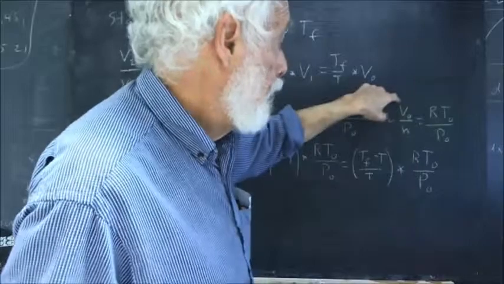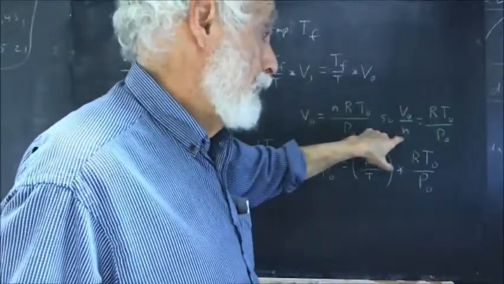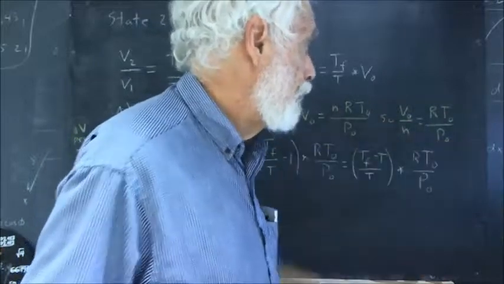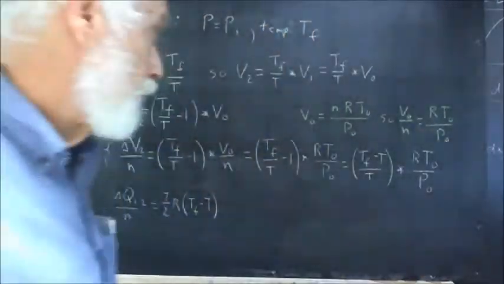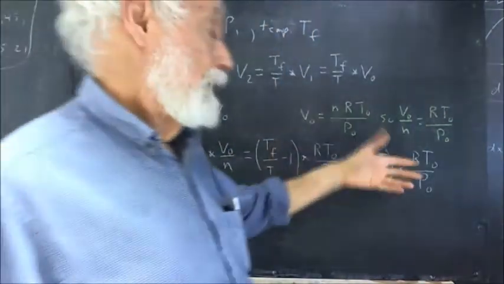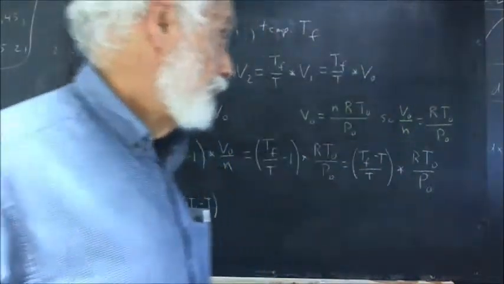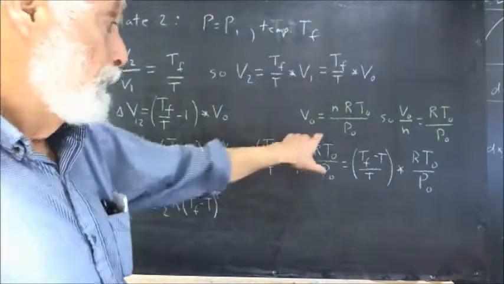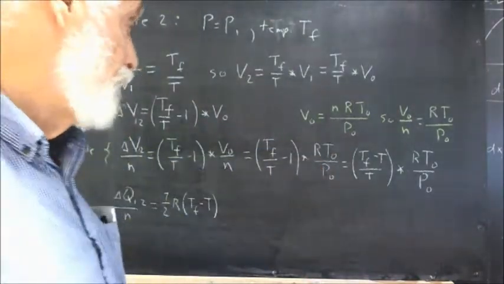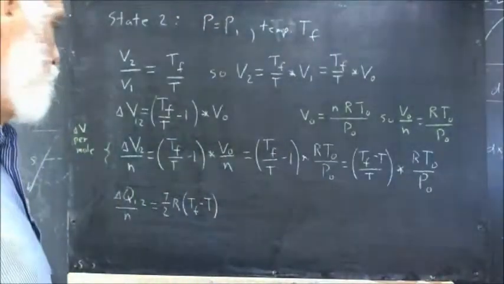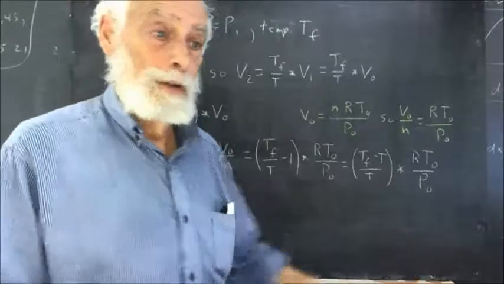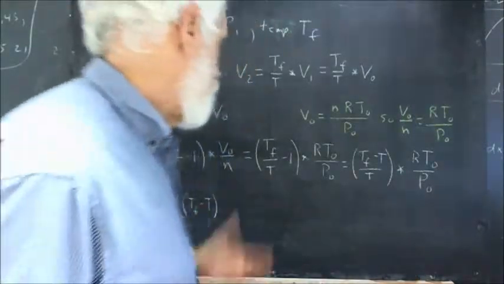So now we have the volume per mole in terms of just T0 and P0, R being the universal constant, and we don't have to add any information to the information we assume we have. So V0 over n is replaced by RT0 over P0, then we do the common denominator thing and we get this expression.